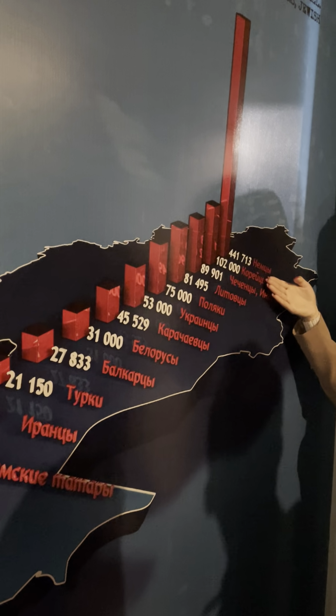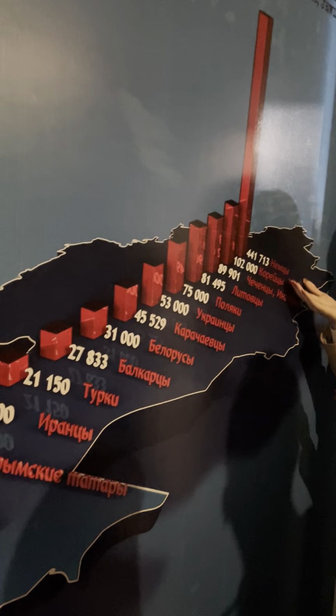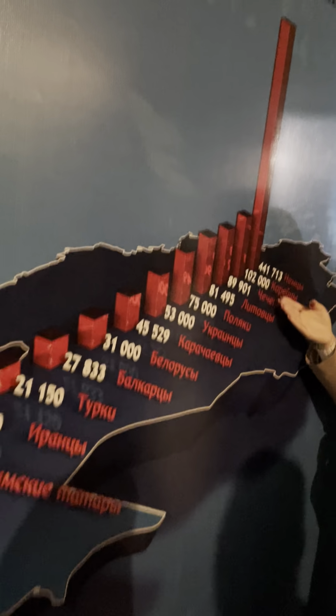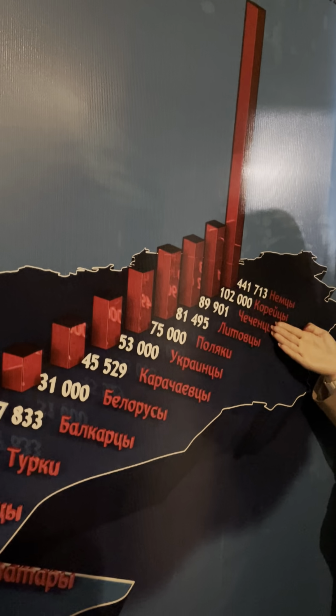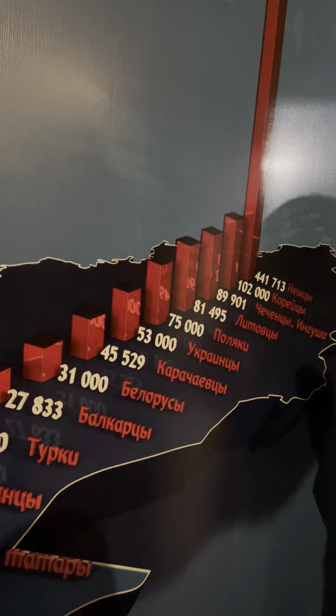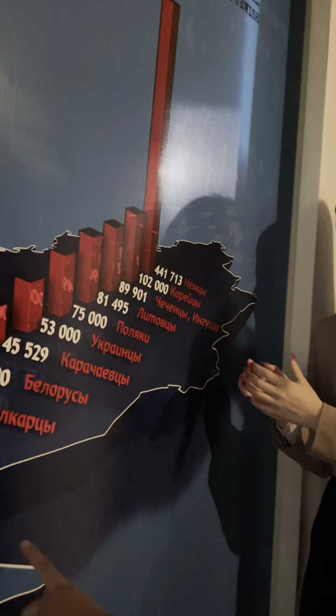There are percentage numbers of the nationalities who were deported to Kazakhstan from different areas of the USSR. For example, about 400,000 Germans in 1941, in the time of the Second World War. And Koreans, about 100,000, were deported to Kazakhstan after the Russian-Japanese war.